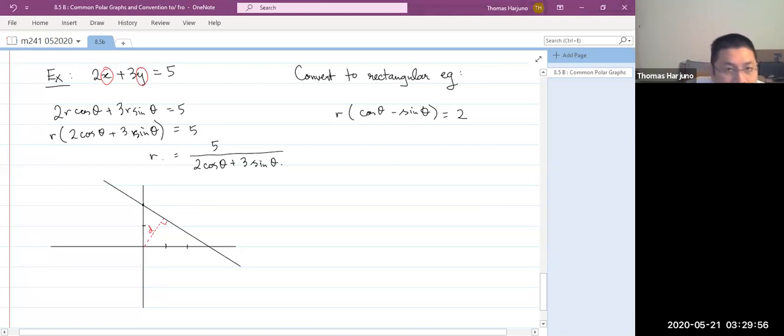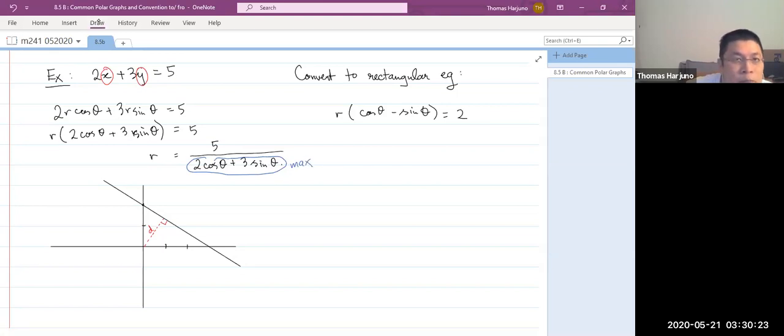Notice that this r is actually the distance from the origin to the line. So from the origin to the line gives you this r. It depends on the theta though. However, if I can find the maximum value here, then I will also find the minimum value for the whole thing.